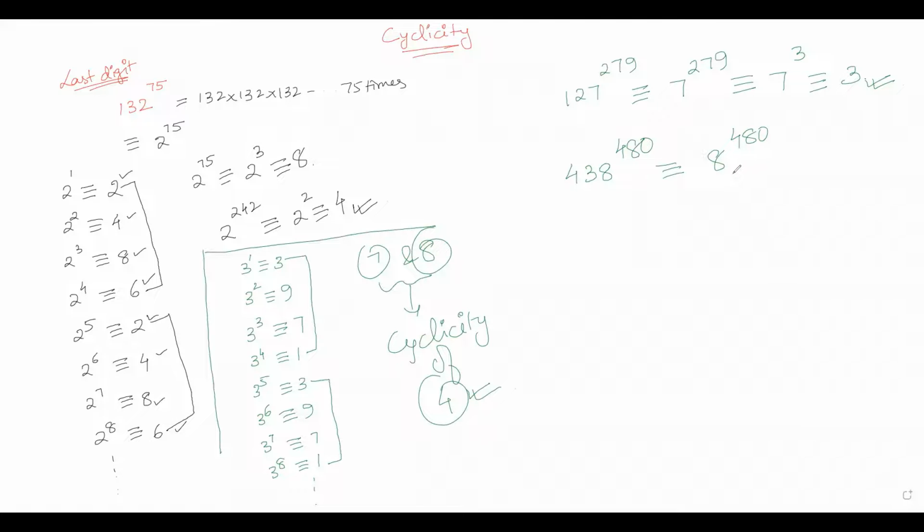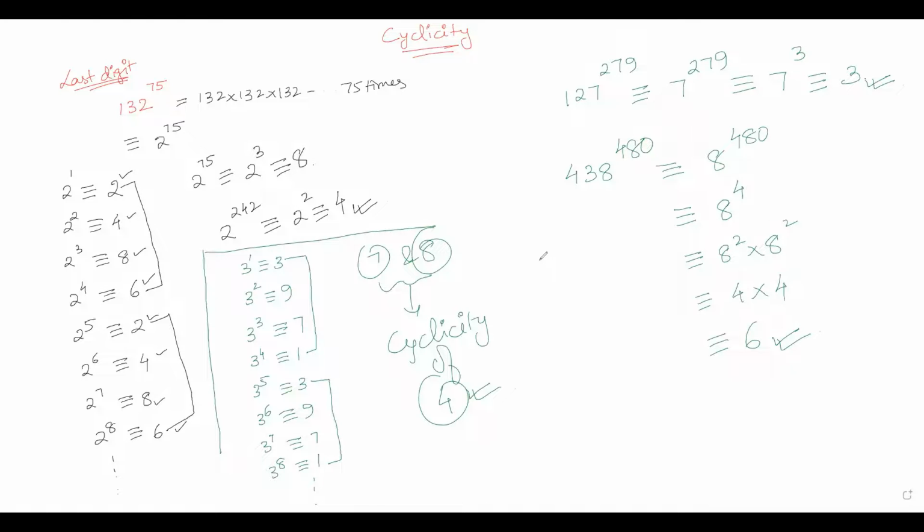And we know that the higher powers of 8 also have a cyclicity of 4. Now 480 is completely divisible by 4. So the last digit of 8 raised to power 480 would be same as the last digit of 8 raised to power 4, which is same as 8 square times 8 square. 8 square is 64. So the last digit would be 4. And here also the last digit would be 4. So this will give us the last digit as 6.